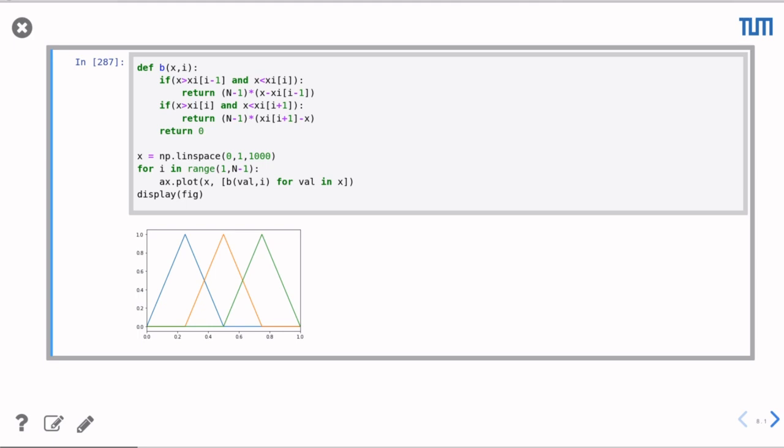The first part of this is the slope going up, and the second part is the slope going down, and then it's 0 everywhere else. We can do that for all of our interior nodes. In this case, there's 3 of them. If we had a larger n, then there would be more than 3 of them. And in total, we get a basis which is piecewise linear.